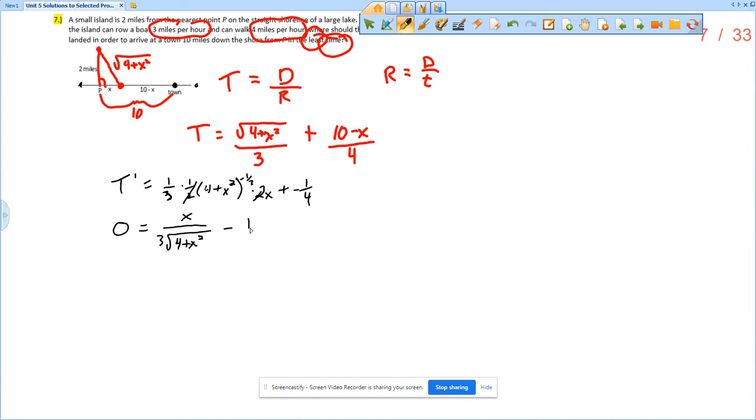So I'm going to add the 1/4 to both sides, and then cross multiply. So I get 3 times the square root of 4 plus x squared equals 4x.